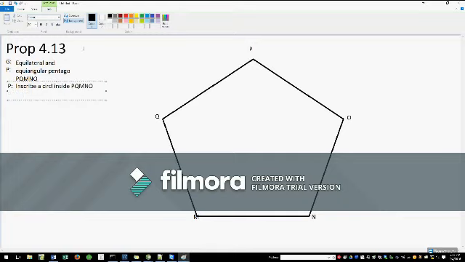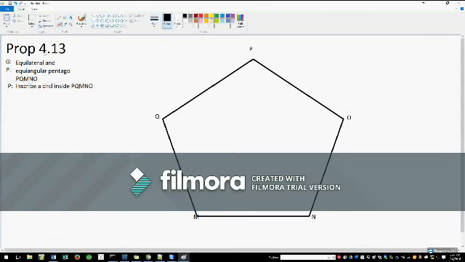See if I can mess up again here. Go ahead. For let the angles at M and N be bisected, and let them meet at K, invoking prop 1.9.